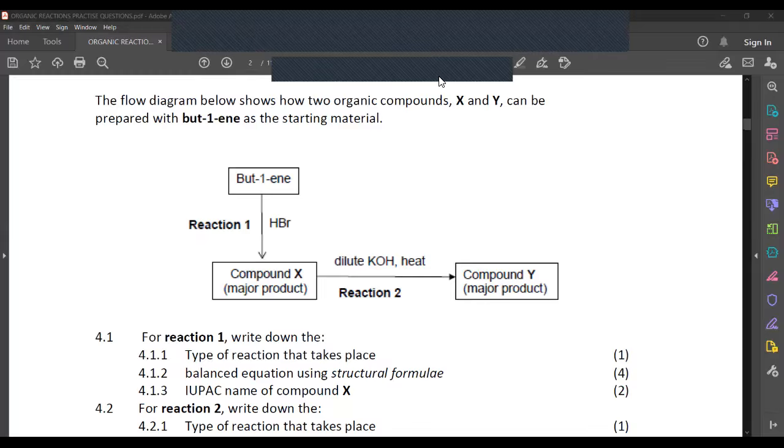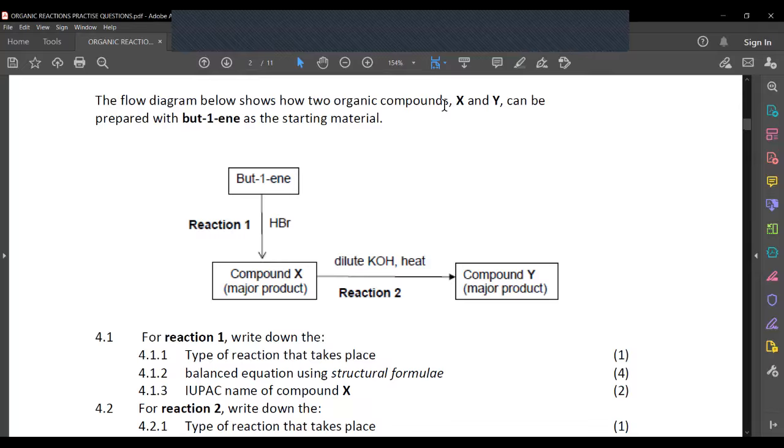Write down the type of reaction that takes place. So in reaction 1, I've got but-1-ene, and it looks like I'm reacting it with HBr. It's going to form compound X, and they say major product. And the question says type of reaction that takes place.